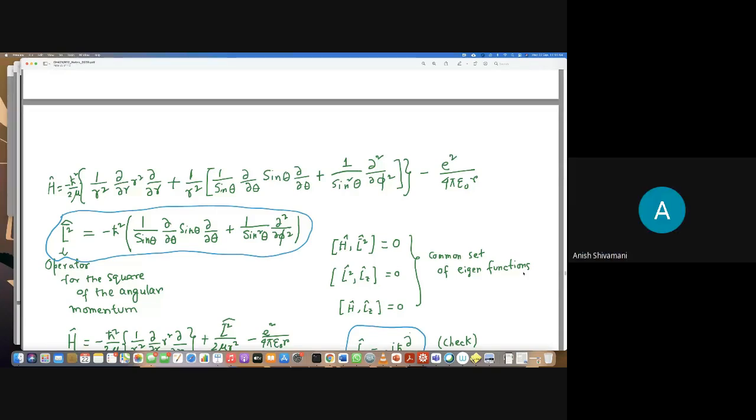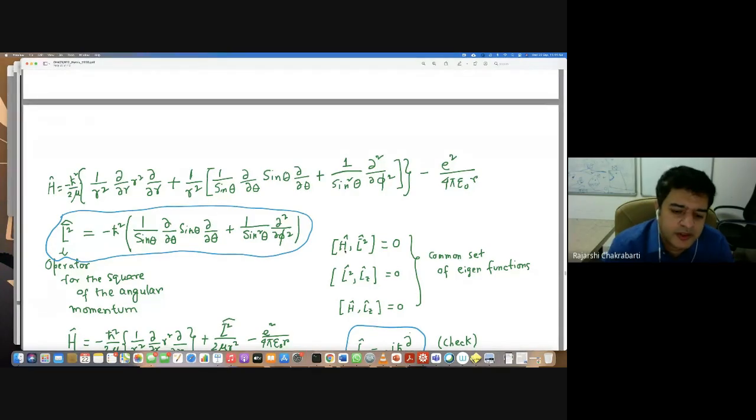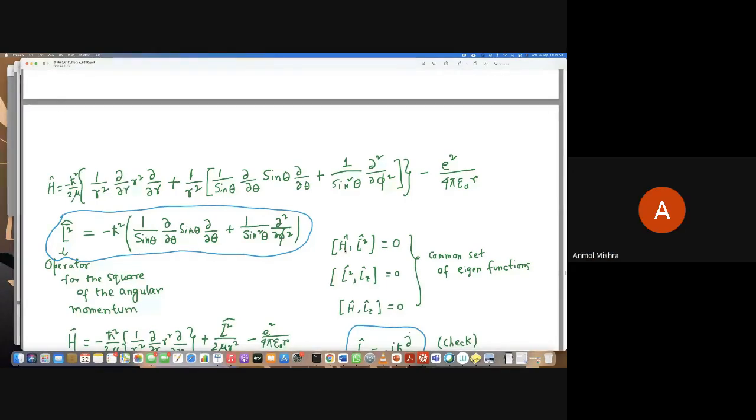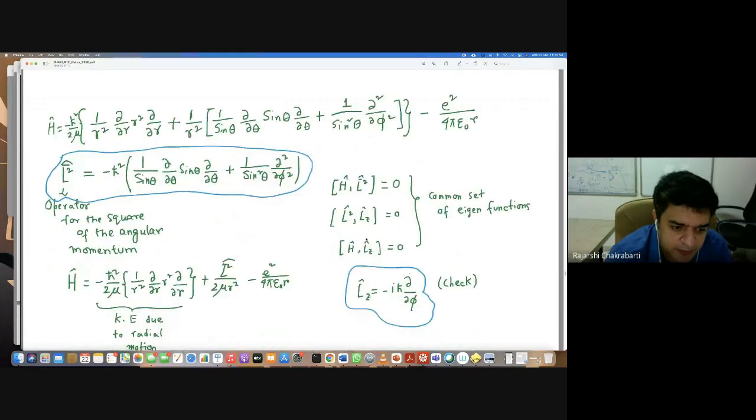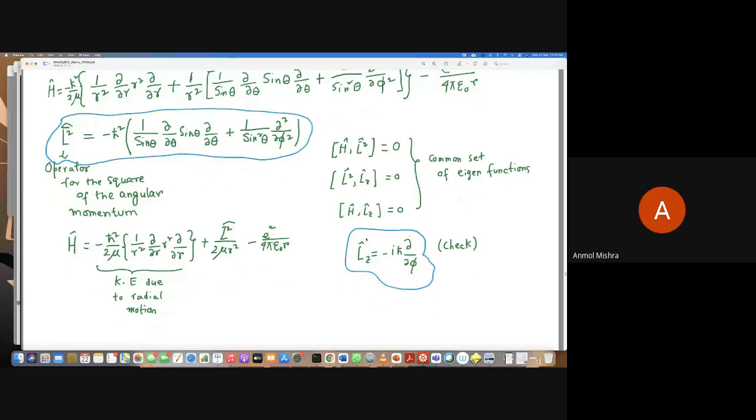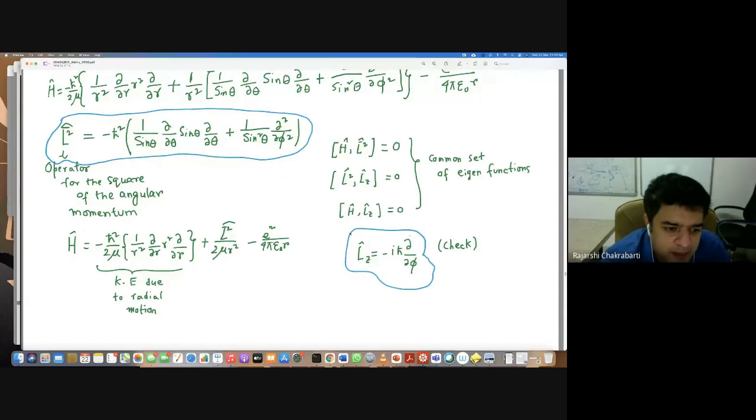Somebody says yes. Okay. So actually you see your Hamiltonian is like this: kinetic energy due to radial motion plus kinetic energy due to this angular motion, and then the potential energy, isn't it? This is your Hamiltonian for the hydrogen atom. This one looks exactly like this.